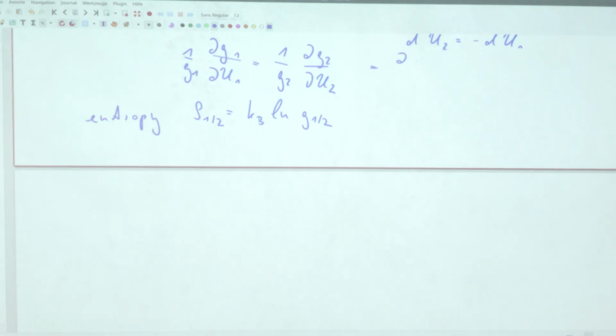This is the ln g1, and apart from the entropy, this means ds1 du1 equals ds2 du2.